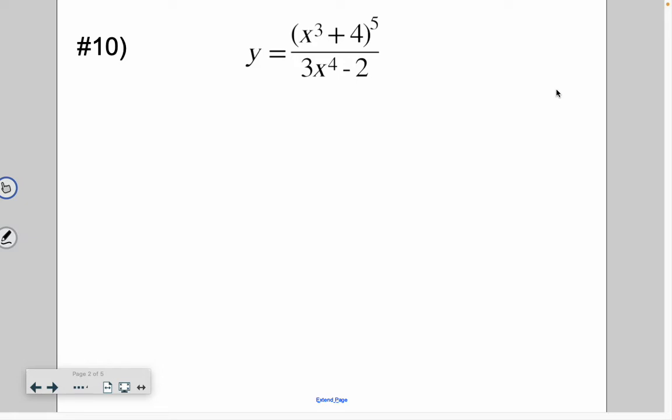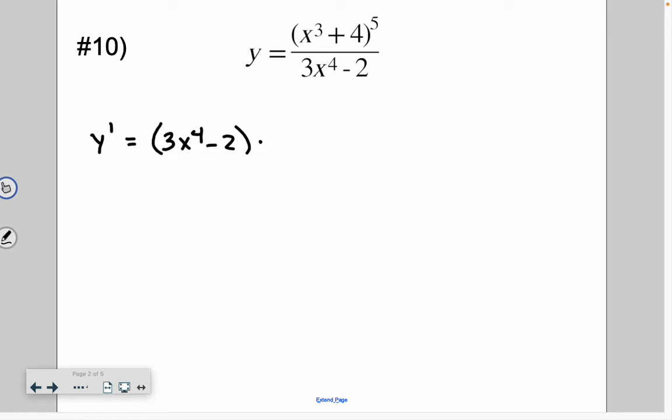It'll be kind of similar to what we just did. But let's start with our quotient rule to begin with. Y prime equals, remember that quotient rule we said it's low d high, meaning you start with the denominator. So 3x to the 4th minus 2, there's the low, times the derivative of the numerator. That's the d high of the low d high. Times. And now we have to use the chain rule to find the derivative of the top.